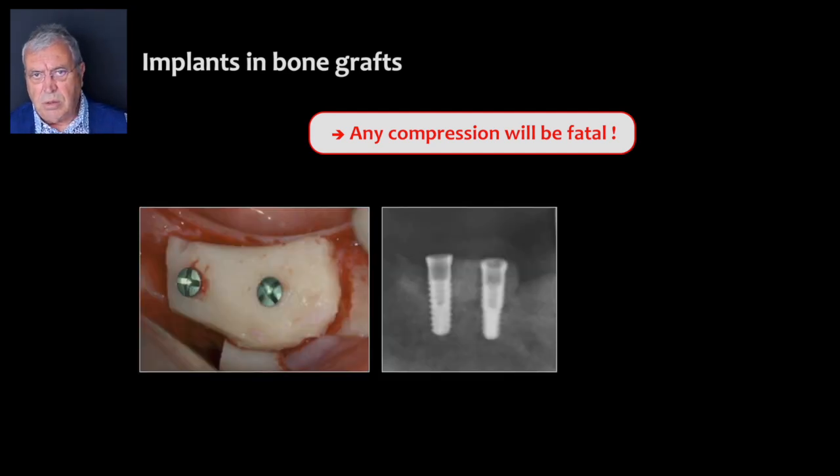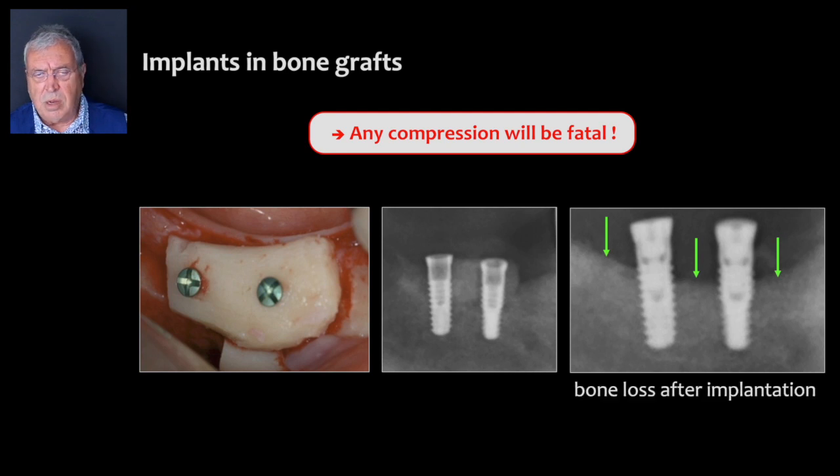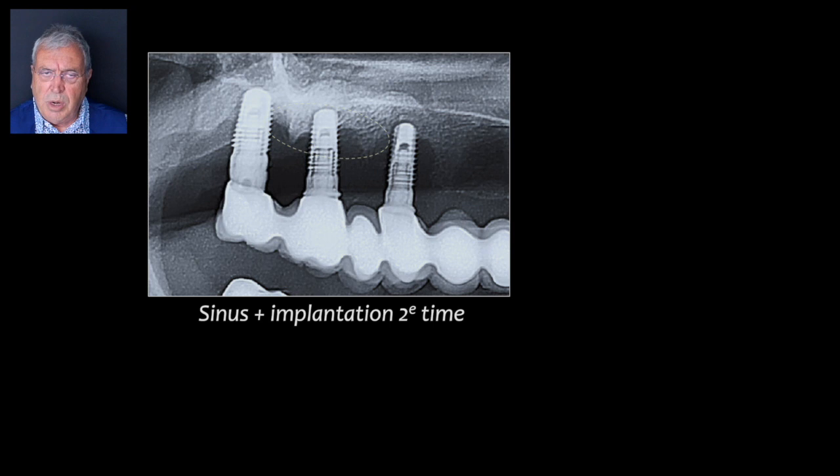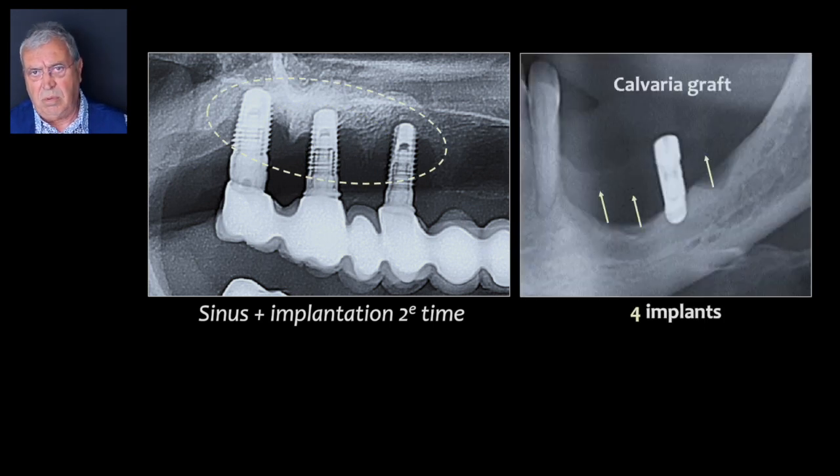We want to place implants after bone graft, and we know that any compression will be fatal. Then, if we do it, we will lose definitely. When we press the bone graft, we will lose the bone, even if it's a calvarial graft. 4 implants and full resorption because the surgeon placed the implant with high torque.